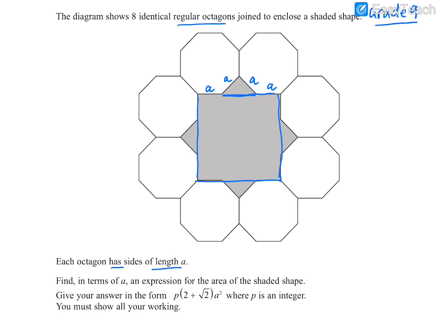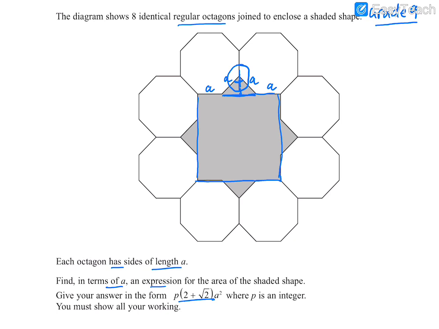Now it says find, in terms of A, an expression for the area of the shaded shape, and we want our answer in this form. If we just focus on this bit over here, this top angle of this triangle is made up of 2 exterior angles of the octagon.